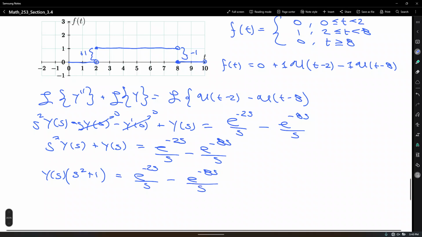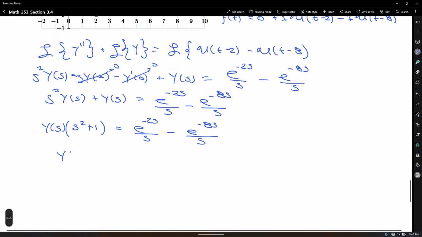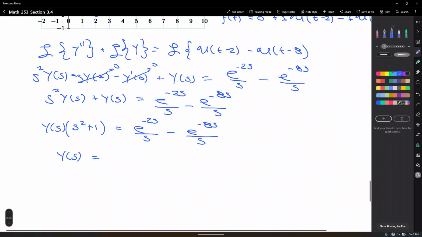Now, solving for y of s, which is essentially multiplying both sides by 1 over s squared plus 1, that is going to give us the following.